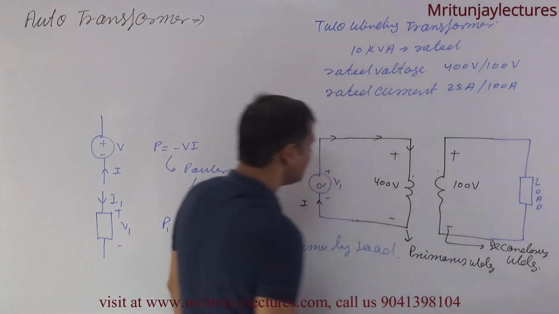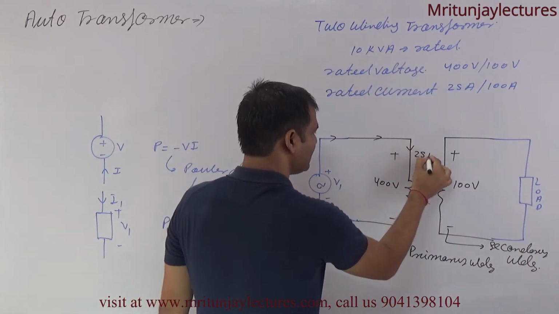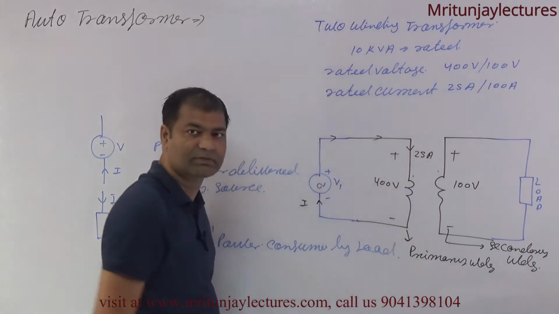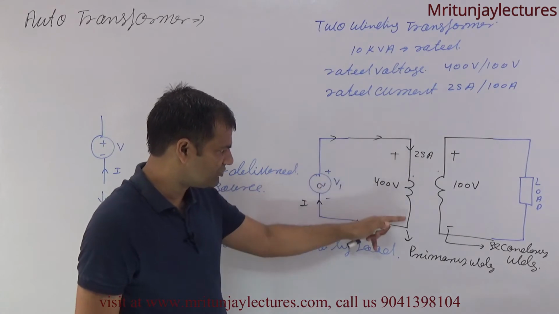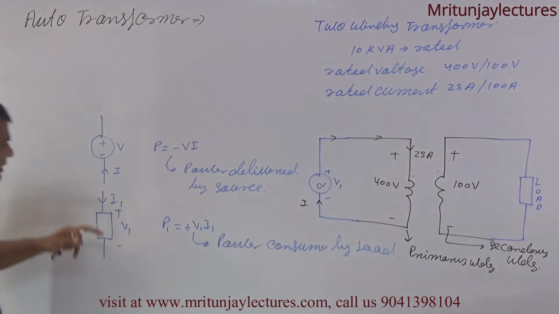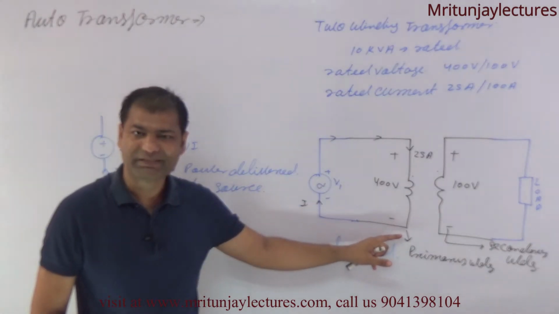Clear? Now what about current? That is 25 ampere. Direction of current positive to negative. Clear? It means power consumed by primary side.